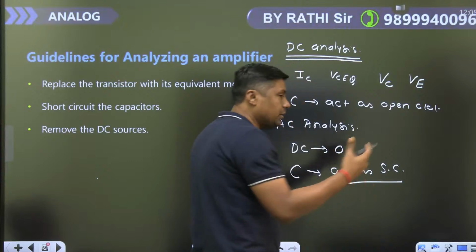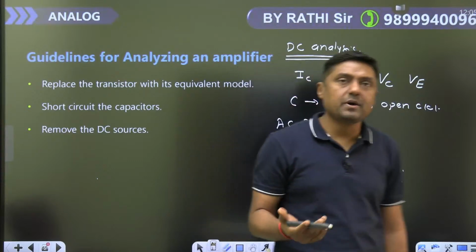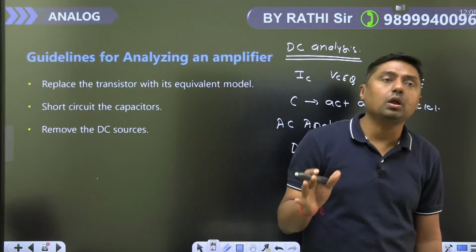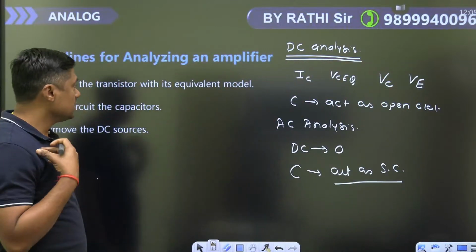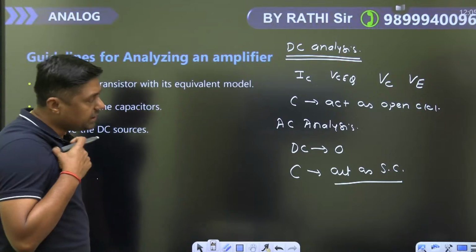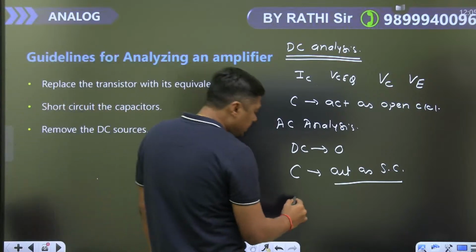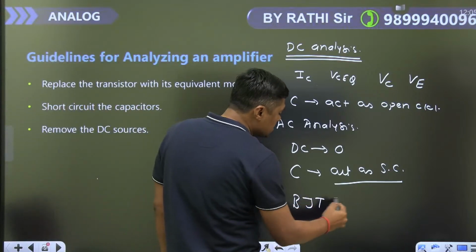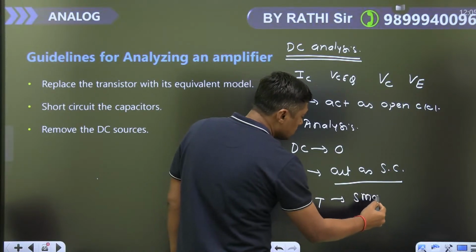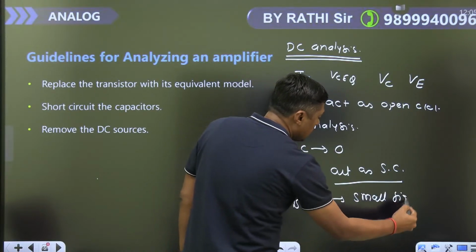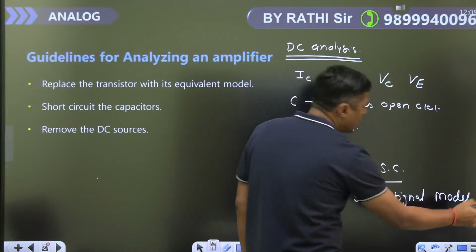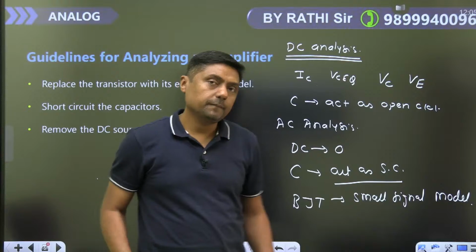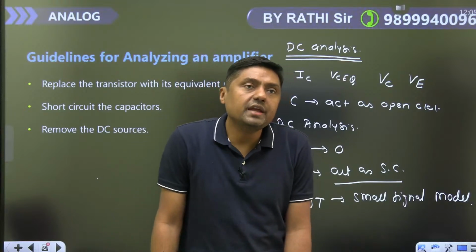All the capacitors you see externally, whether it is a bypass capacitor or a coupling capacitor, they all act as short circuit, right? And then the BJT should be replaced by its small signal model. BJT should be replaced by what? Small signal model. Linear model. We have to maintain the linearity.